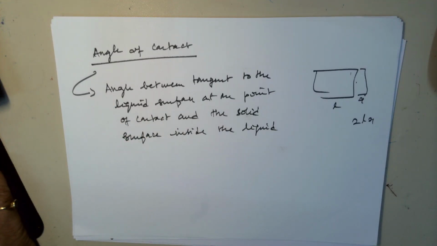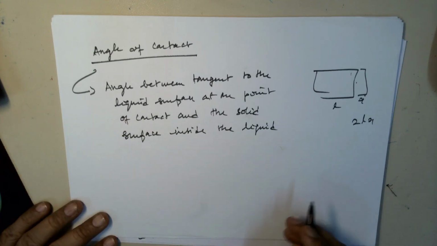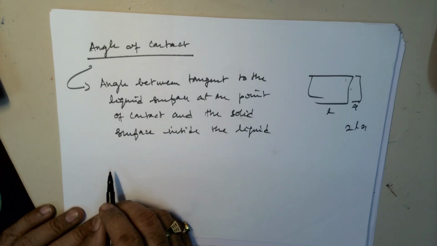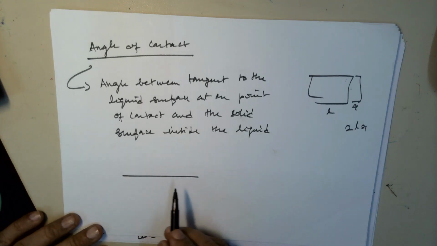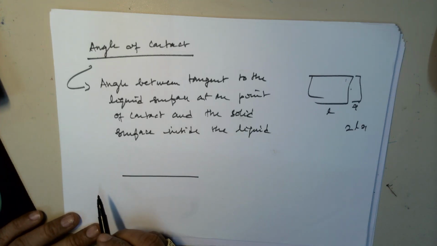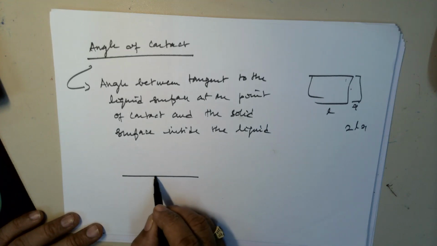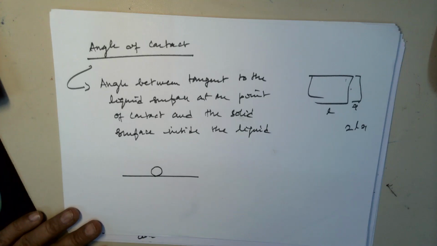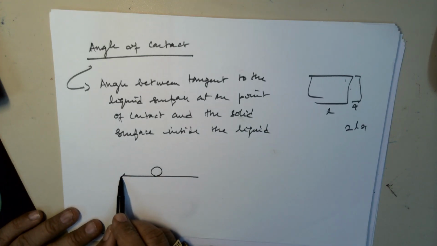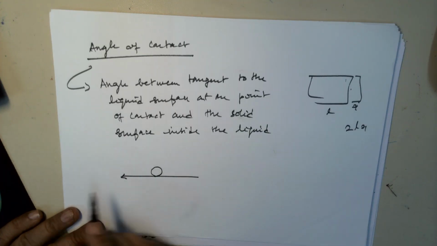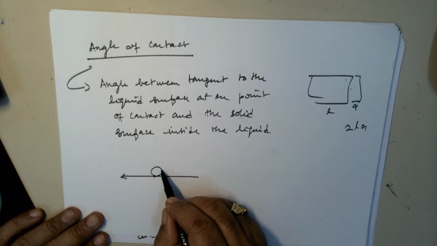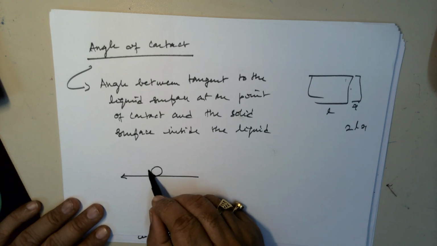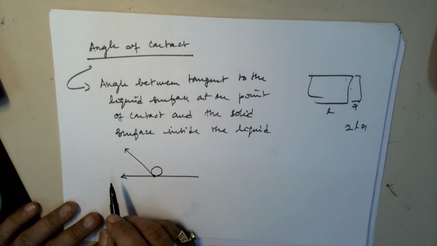It means, let us consider here we have a liquid like this, a liquid drop. Now, this is the solid surface, and here is the tangent to the liquid. This is the tangent to the liquid.